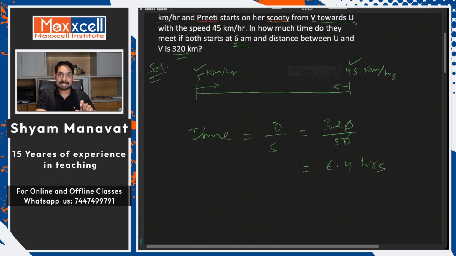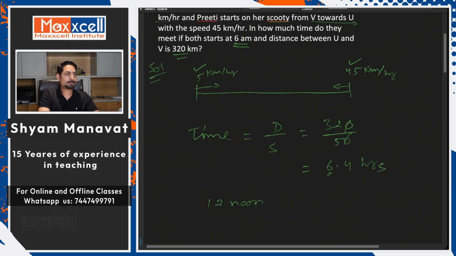So we need to define time when the question is like this, 6 a.m., that means we have to give the answer also in AM PM, that way. Okay, so after 6 a.m., if you look at 6 hours, that means you already reached to 12 noon, right? Now you got 0.4 hours extra.